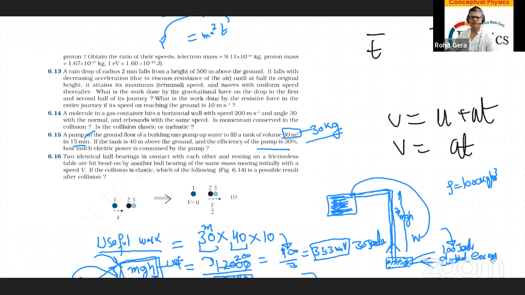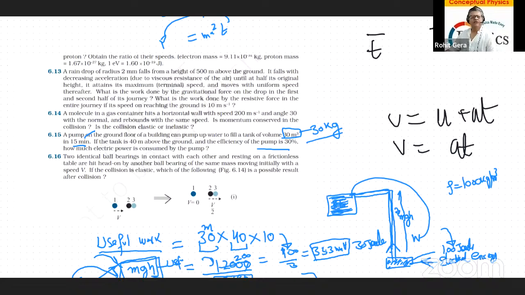Yes, it was stored there. Now it falls with decreased acceleration, because the air will have friction, viscous resistance. Slowly the velocity is reduced to half. And after that the velocity is fixed and it comes down with a uniform velocity. While falling, its velocity increases up to a terminal velocity and then gets fixed there, and then it goes down with that fixed velocity.